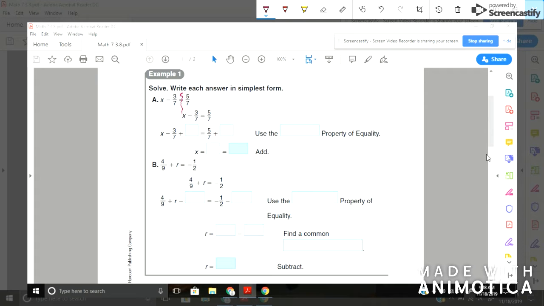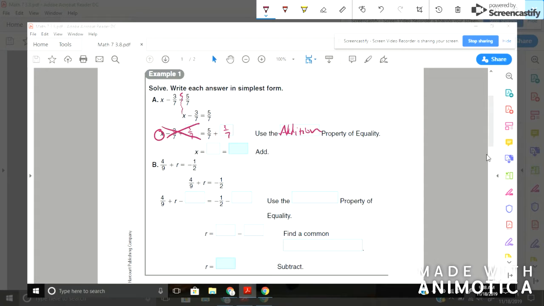So I'm going to use the addition property of equality to cancel out subtracting 3/7. Subtracting 3/7 and adding 3/7 are opposites, and they cancel out, so I'll just be left with x here.